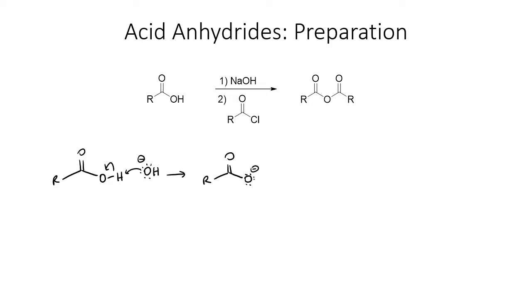Now this carboxylate ion is capable of acting as a nucleophile. So when it comes in contact with our acid chloride, which I'll go ahead and put in red, we can have the electrons come over, attack the carbonyl carbon, kicking the electrons up onto oxygen.